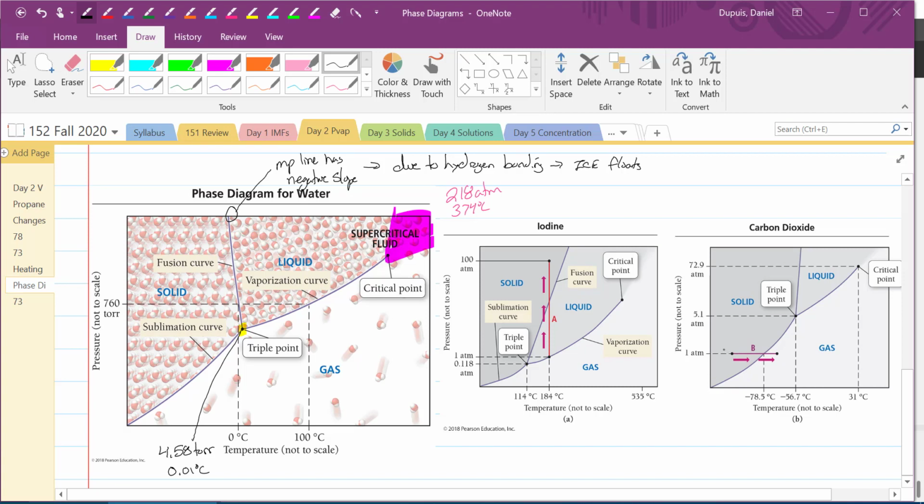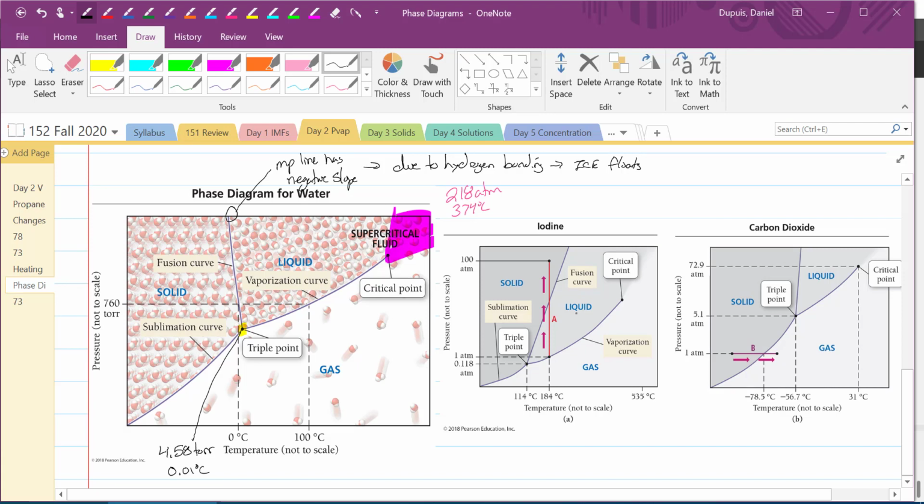That's kind of fun. Iodine, if you look at the temperature here, likes to actually sublime, going from a solid to a gas, because at 1 atmosphere it doesn't stay in the liquid very much.